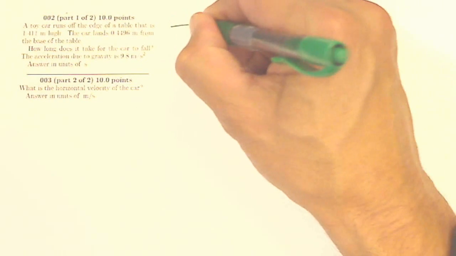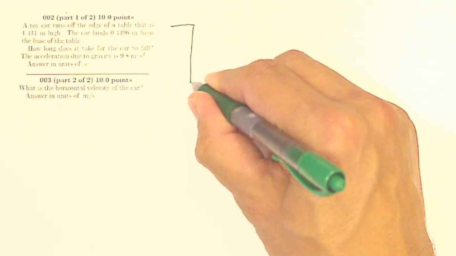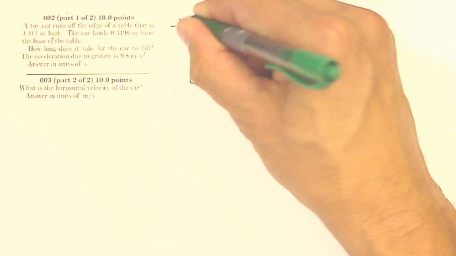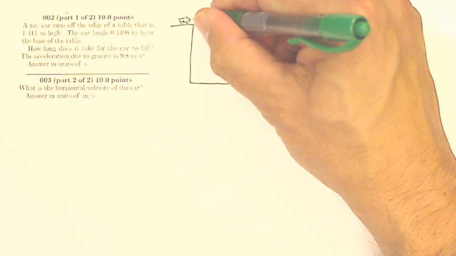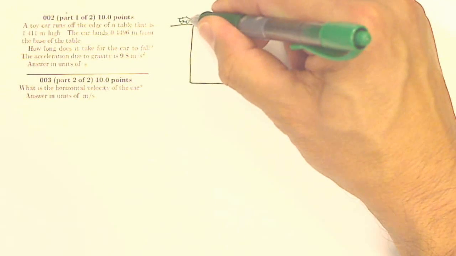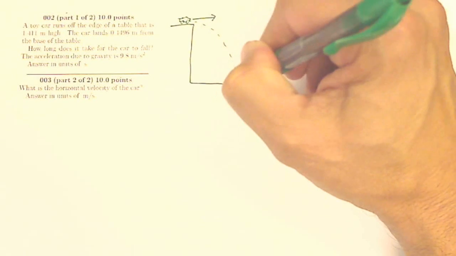So let's see what I know. I've got a table. I've got a car that is flying off the table, so here's my toy car. And that toy car has some initial horizontal velocity that I don't know yet, but that car is going to go up, up, up, and hit the floor.